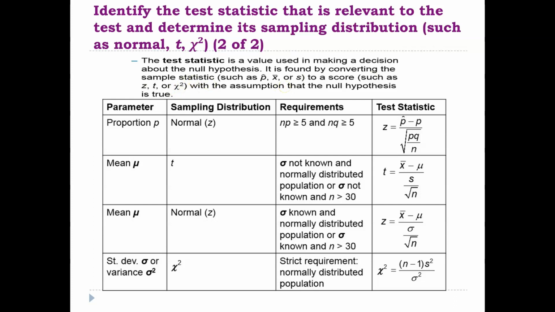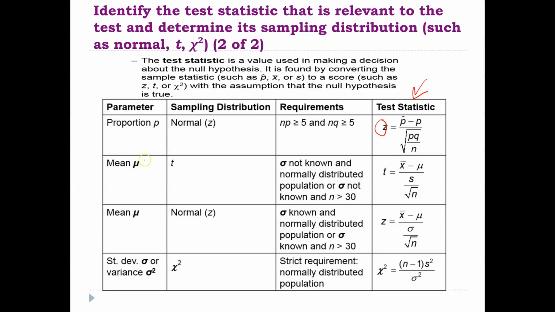To find the test statistic, we can either use the formulas or we can use technology, graphing calculator, StatCrunch, etc. Remember, for proportion, when we're testing population proportion, we are using the z-statistic.